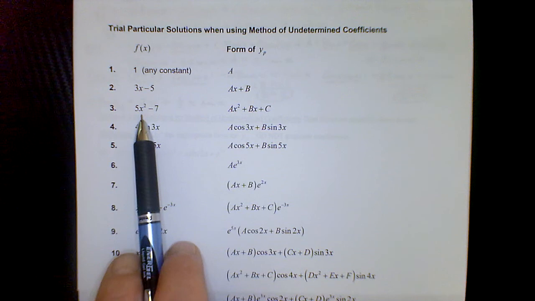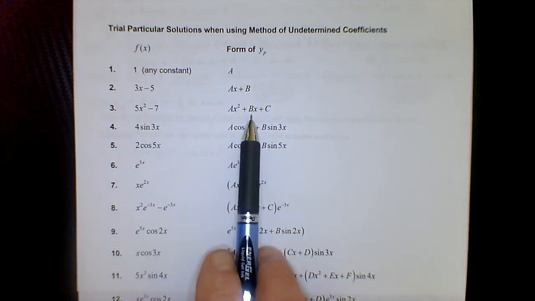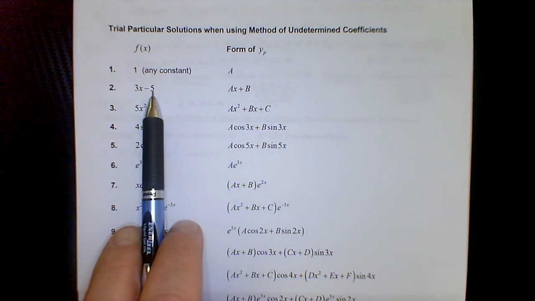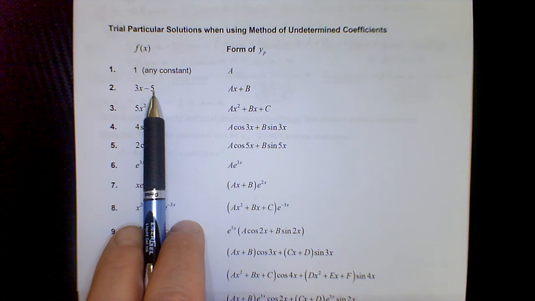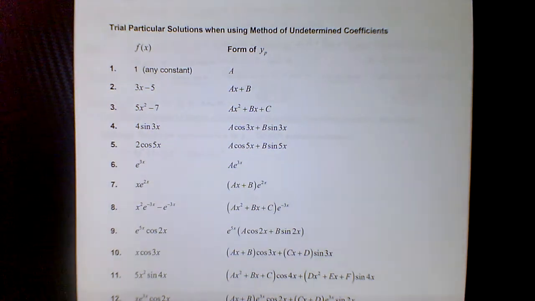If it's quadratic, note there's a missing term here, but in your guess you have to include it. Even if the -7 were out of the picture, you'd still have to include ax squared plus bx plus c as your guess, because you have to include all possibilities whose derivatives might produce that function on the left-hand side.